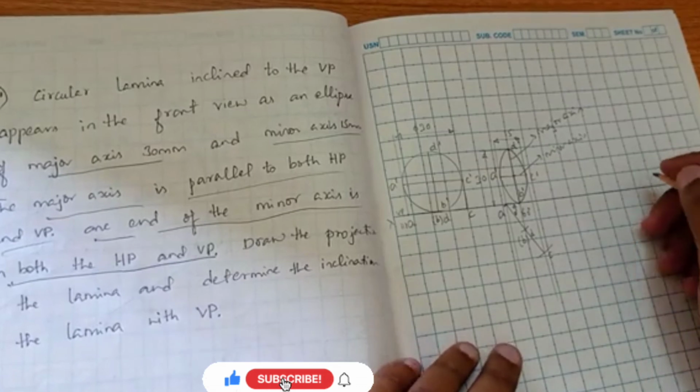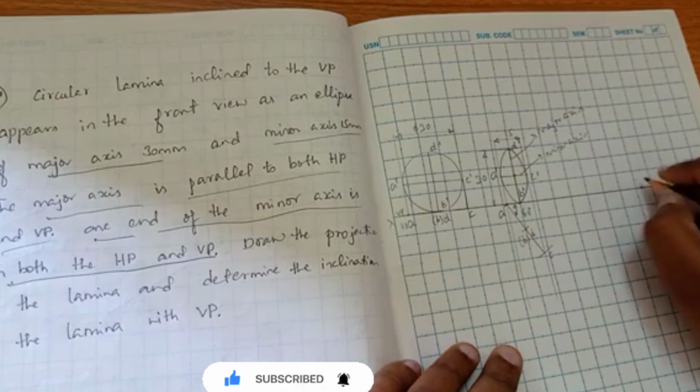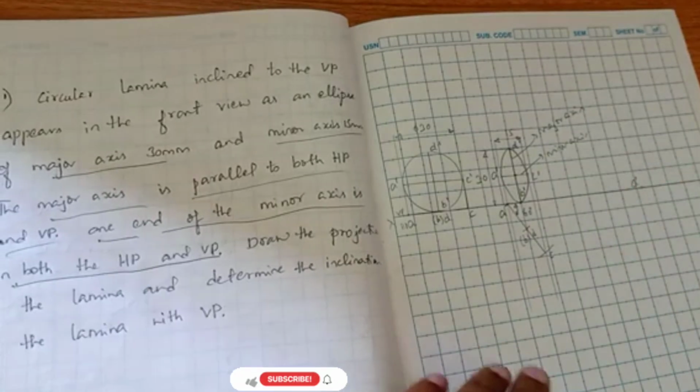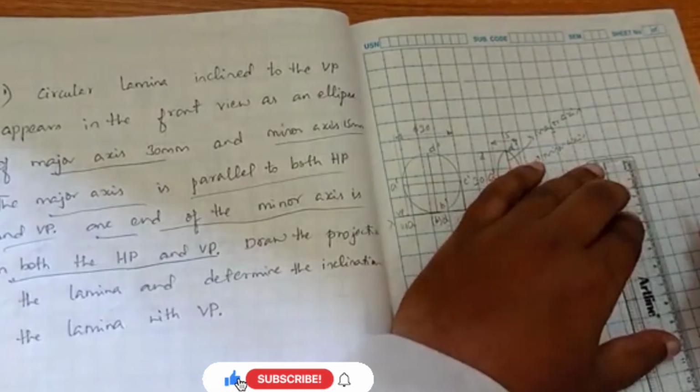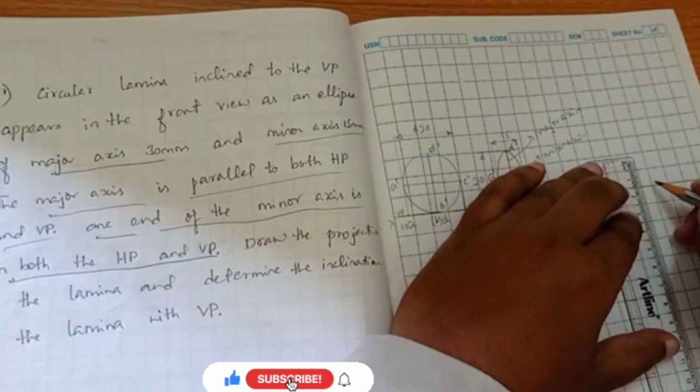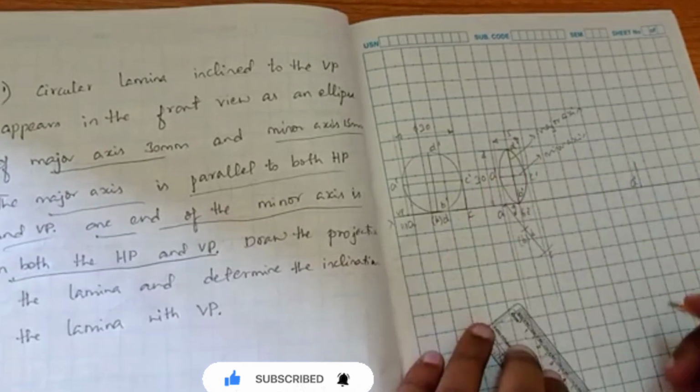Okay, so how do we do that? So I'll take this reference point A dash here, one end of the minor axis, and draw exactly 15 mm.